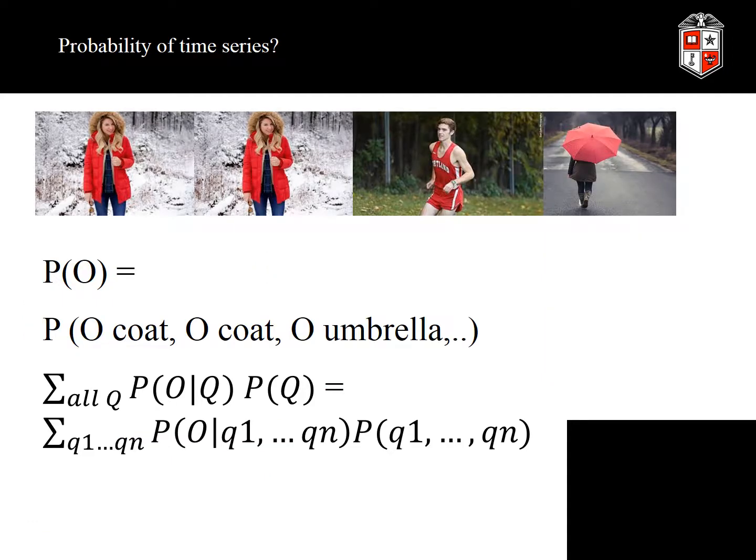So now, if you want to forecast a particular weather or a time series just by seeing the set of observations, the formula indicated here is a conditional probability multiplied by the probability of that particular set of states.